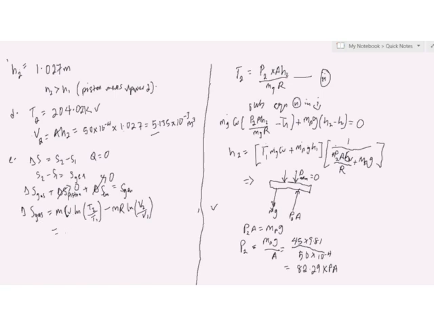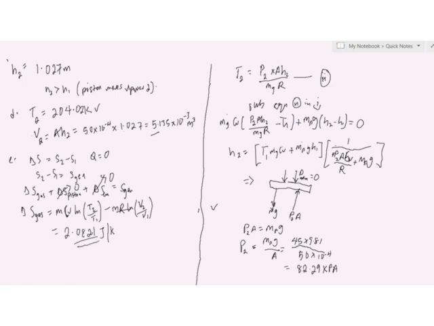If you compute all that, we're going to have 2.0821 joules per Kelvin. So this is the entropy generated.